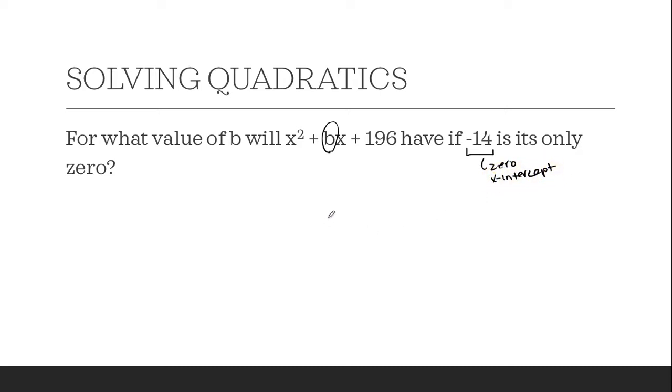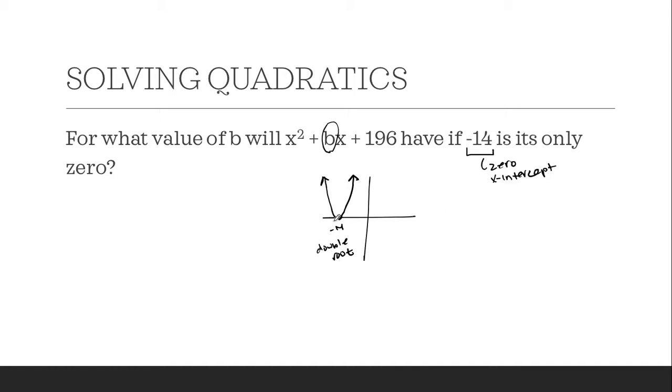So that means if I was to graph this, at negative 14, this is only going to hit the graph at that point. Remember, this is called a double root. So at negative 14, as it's its only 0, that means that's the only time it's going to hit the x-axis. So there's multiple ways you can solve this.